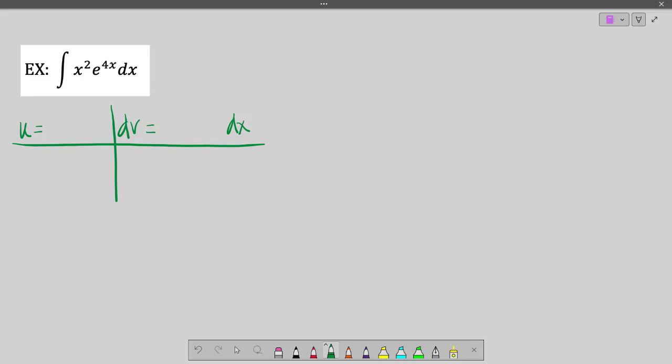A couple of you are going to get to the point where, like Hayden just encountered, you end up with a worse integral. So as some of you are now seeing, depending on what you pick for u, you could end up with a worse integral.